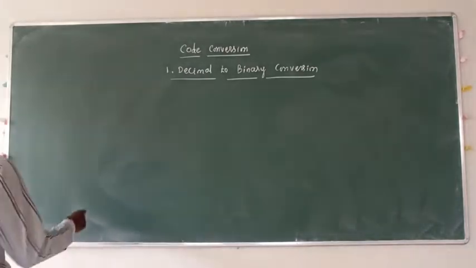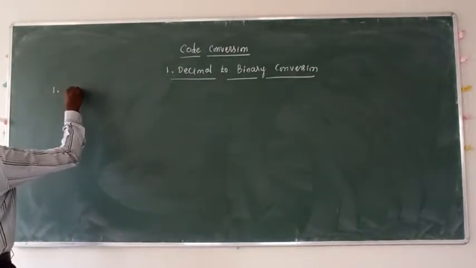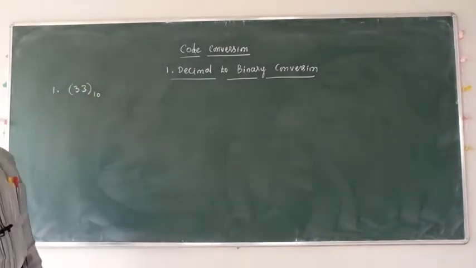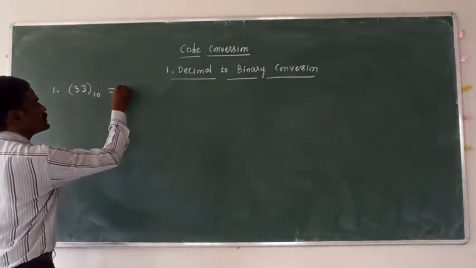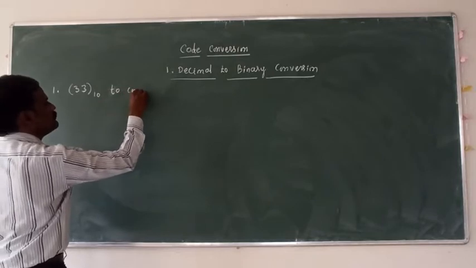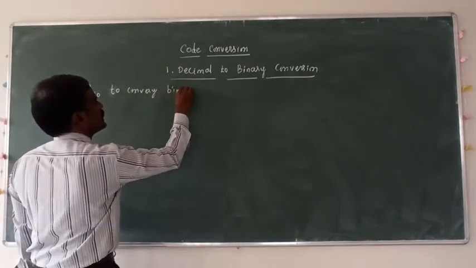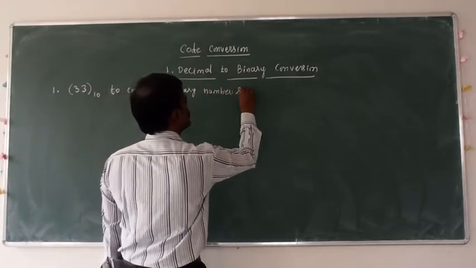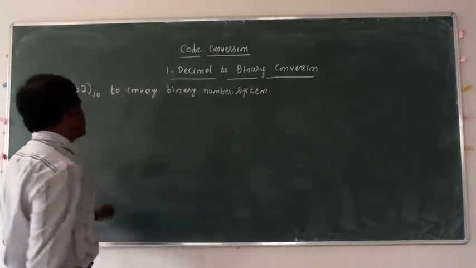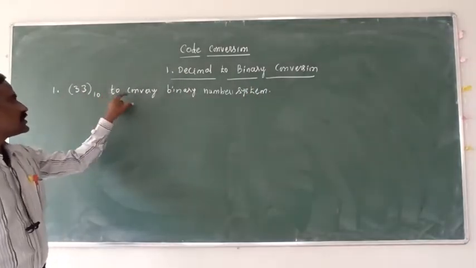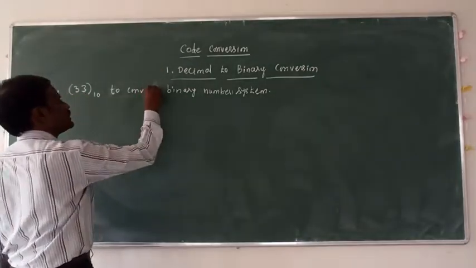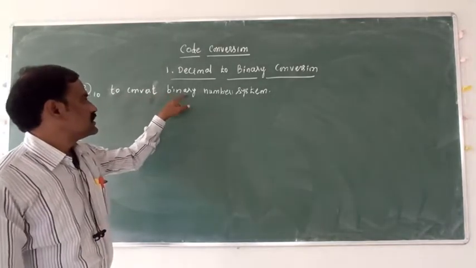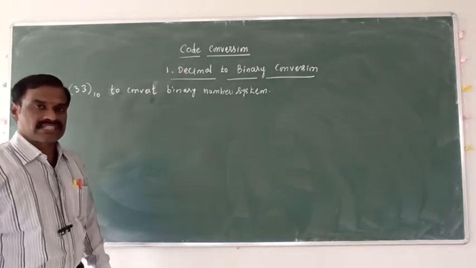Okay, first sum: 33, the base is 10. Now to convert it to the binary number system.